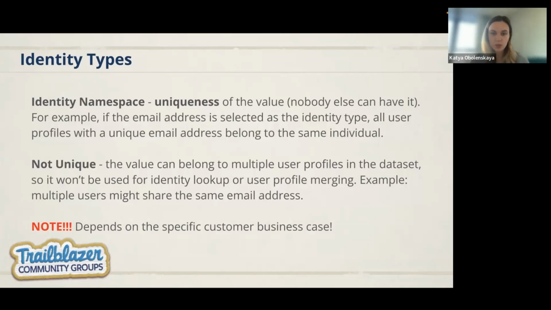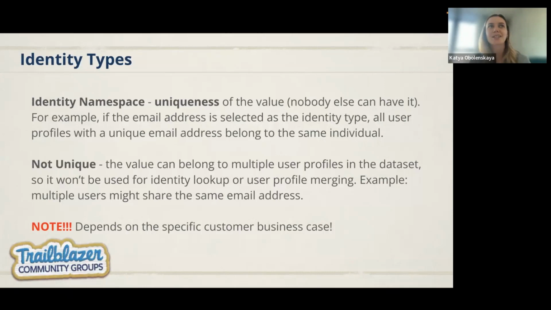Again, an example. I stick to the email address example. If we selected email address as identity type, but not unique, it will mean that multiple users might share the same email address. For instance, if you have a partner and the email address is the same for you, you just share it.